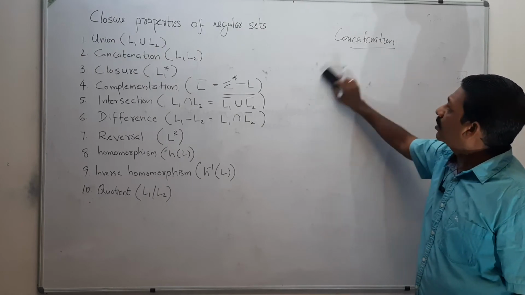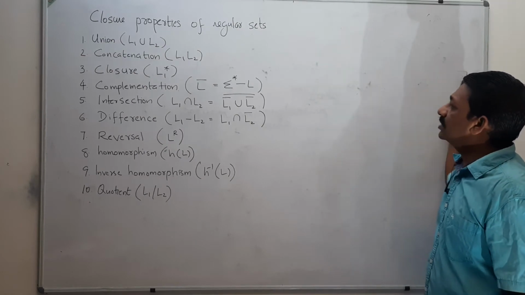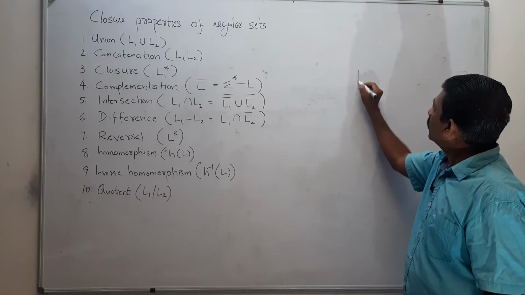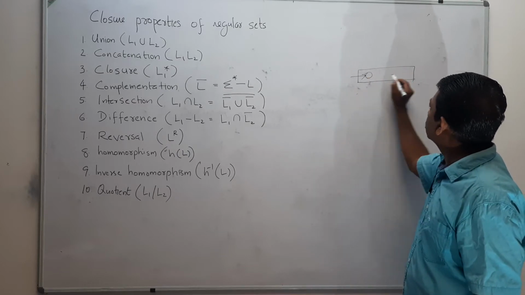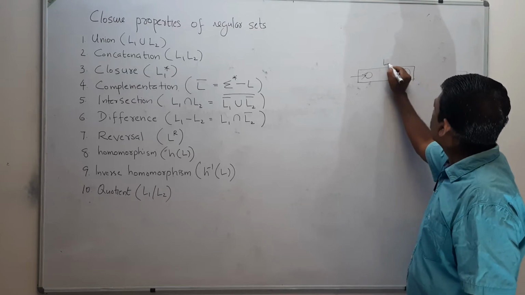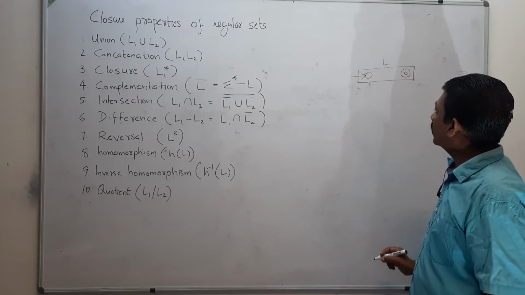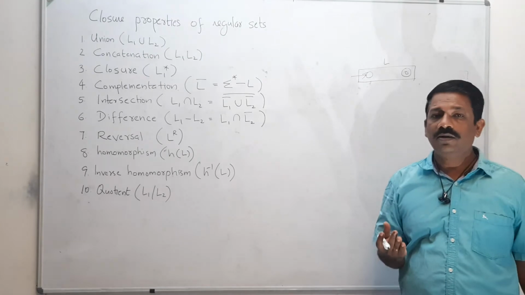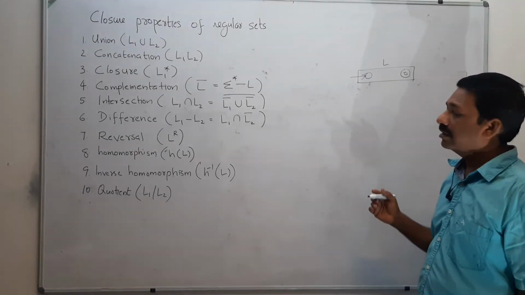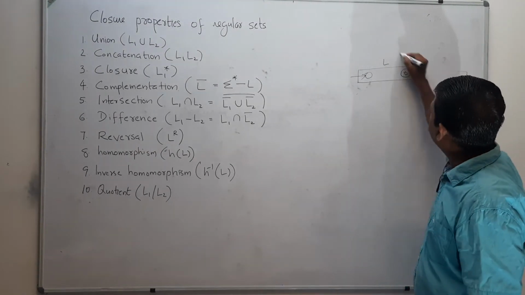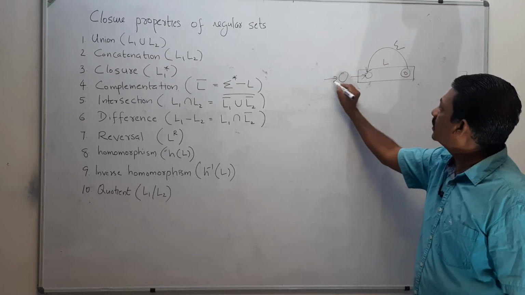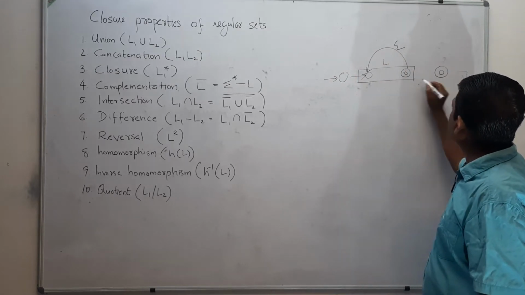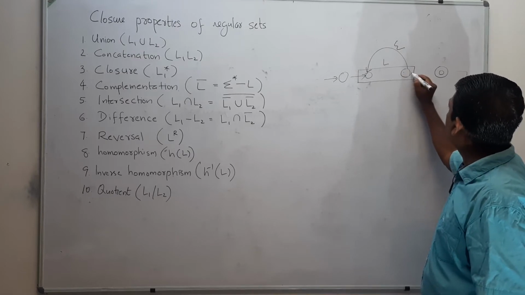What about closure? If you have L here, what is L star? In our earlier discussion, we discussed how to draw it. You are going to have an epsilon transition here. You have a new start state here and another final state here. Make the old final state non-final.